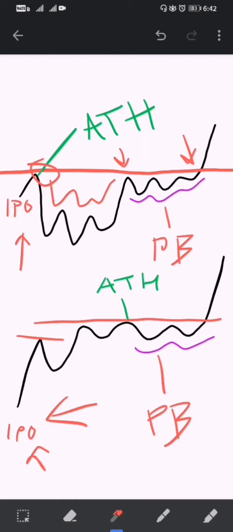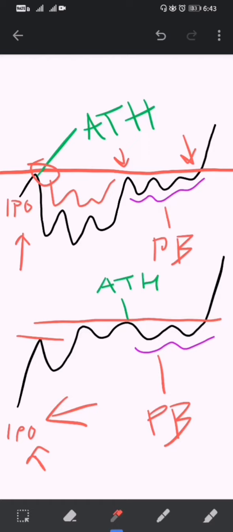In this consolidation phase, it formed a new all-time high here, and this all-time high is now working as a resistance. It is not allowing the prices to go above that point. However, once the price crosses this new all-time high by forming a constructive base, we can call it a primary IPO base. That is the first viable base of the stock since it got listed.